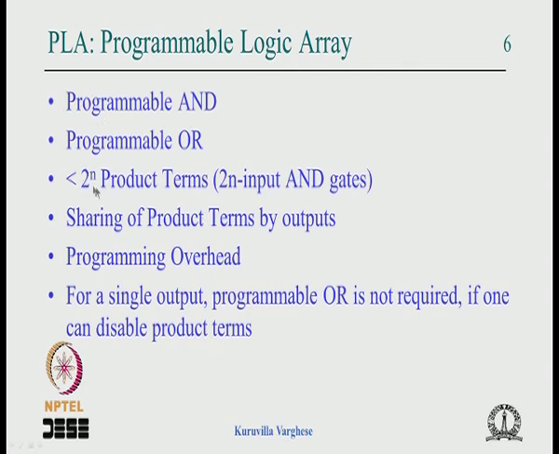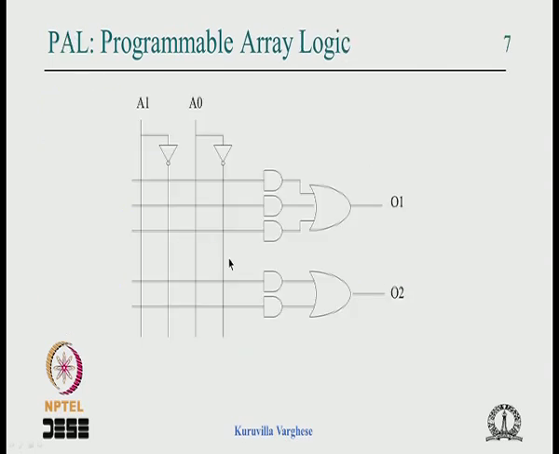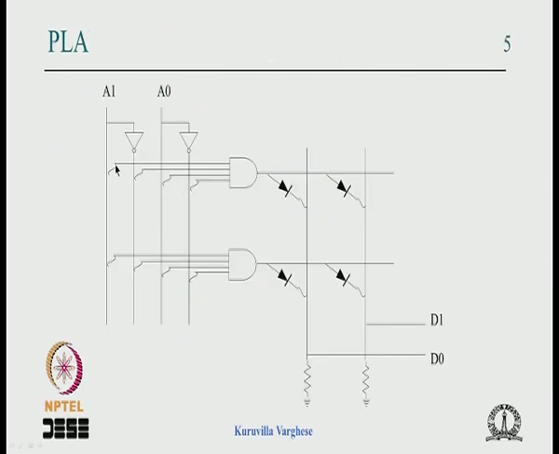We have less than 2 raised to n product terms, and you can share the product terms between outputs. There is tremendous programming overhead, because you have to program the fuses at the input of the AND gate and the output of the AND gate and so on. A lot of programming overhead was there.